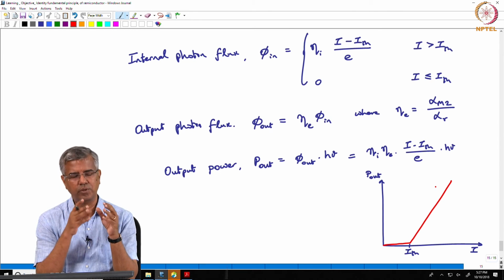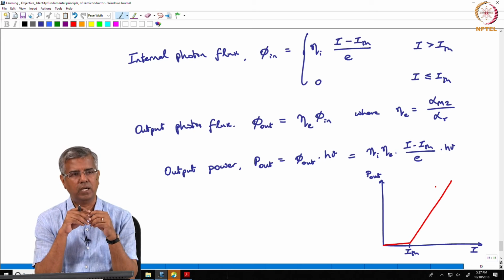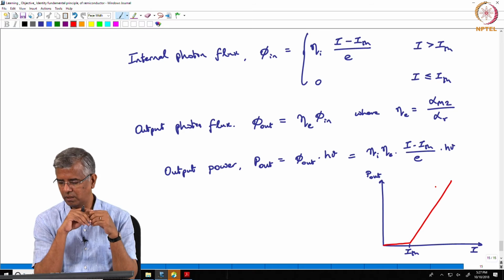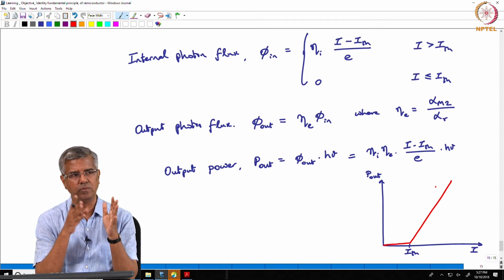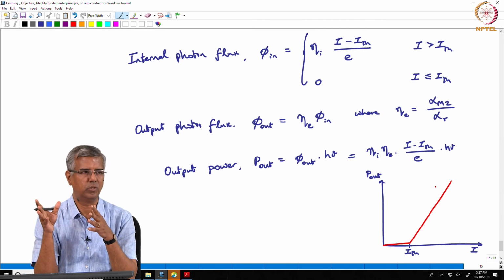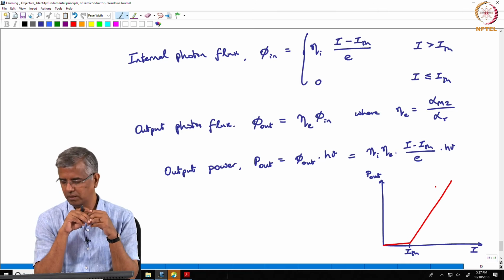But if you do a nonlinear conversion, which we will talk about later in this course, you can convert 1064 to 532 nanometer photons, which is used in the green pointer.